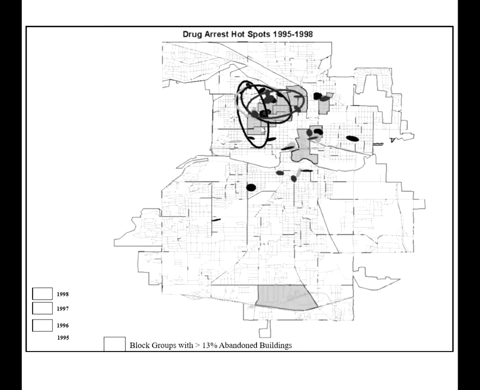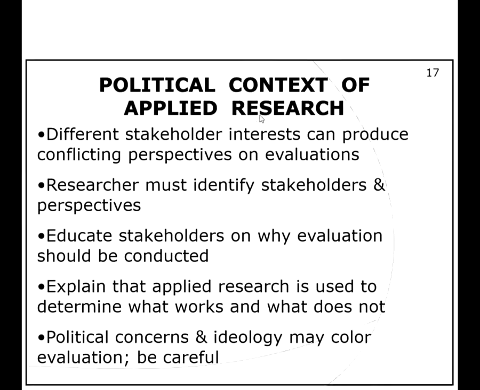So, for instance, here you can identify drug arrest hotspots in this map here, and then you might look at that and say, well, let's see what we can do, and we're going to implement some sort of a process. Maybe we're going to use community policing, or maybe we're going to try to get some of these people into rehab or something like that. And then you might look at these hotspots later on and see if they're still hotspots or not, to see if you've actually had some sort of effect on them.